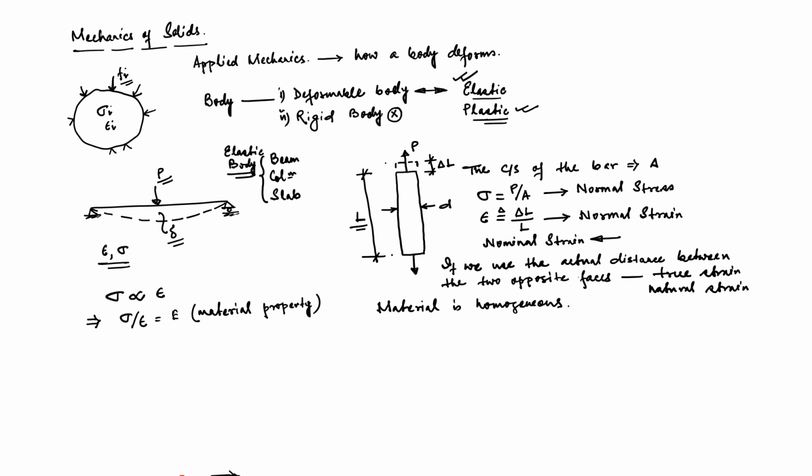So, what we have learned is that this body, this prismatic bar, is an elastic body, and the moment we apply a force of P at the two ends, this body deforms because we apply a tensile force. There is an elongation in the body by an amount of delta L, and then we can consider the initial length, the gauge length, as the distance between the two opposite faces, and then use that to evaluate the strain.